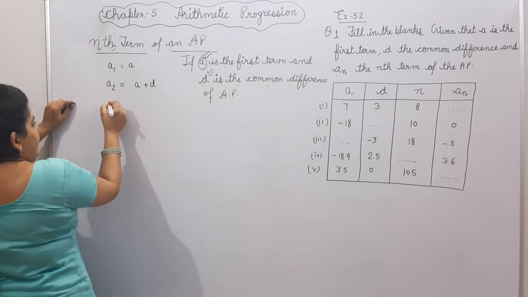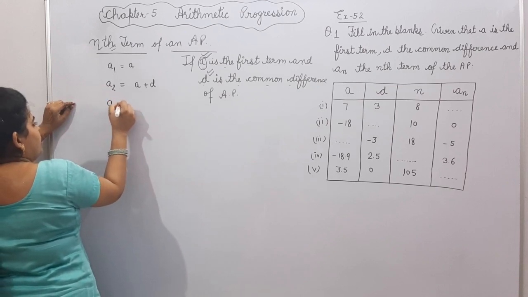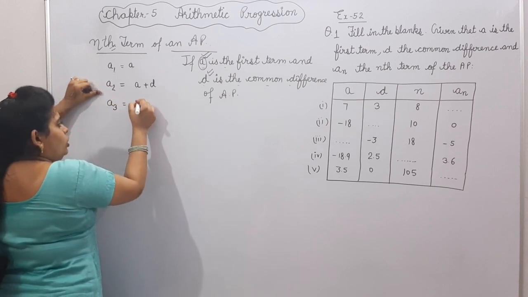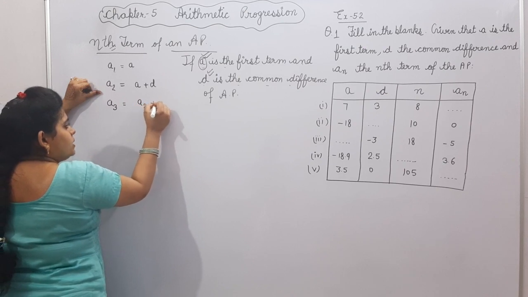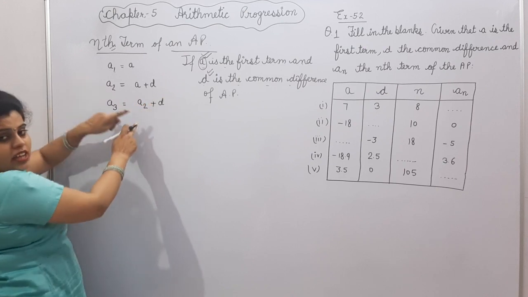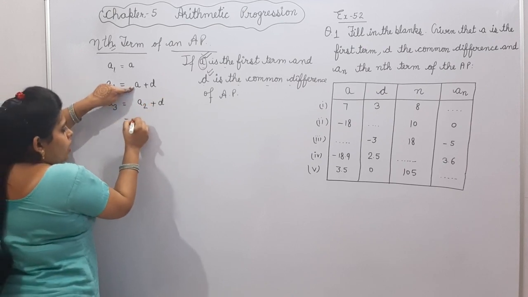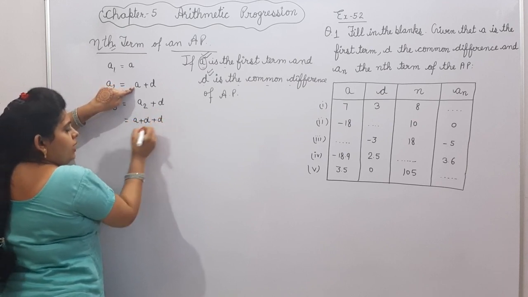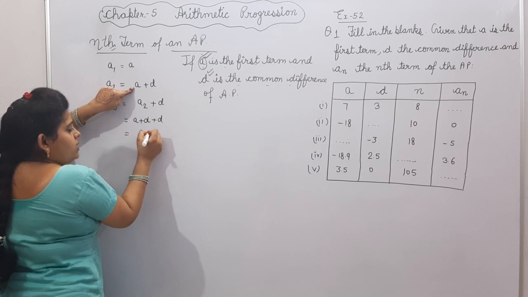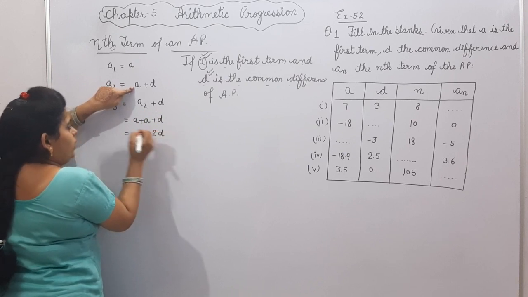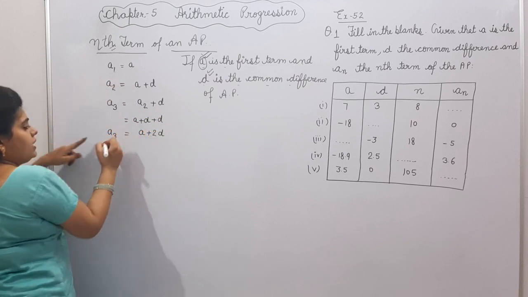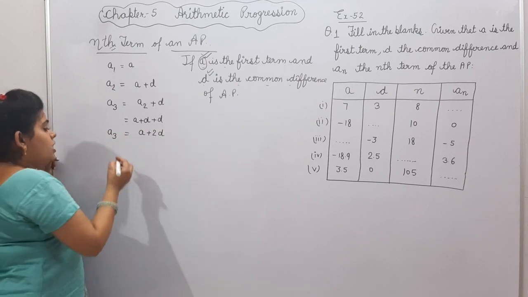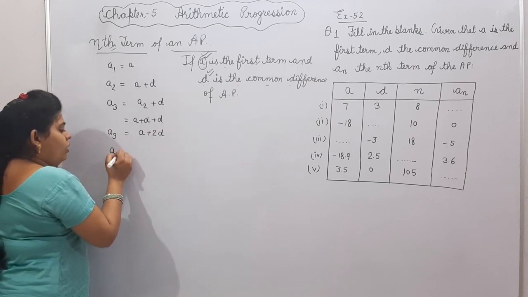Now we have to find the third term, A3. This A3 will equal A2 plus D. And what is the value of A2? A plus D. And one D is here. Then it will equal A plus 2D. This is the value of A3. Now, A4.